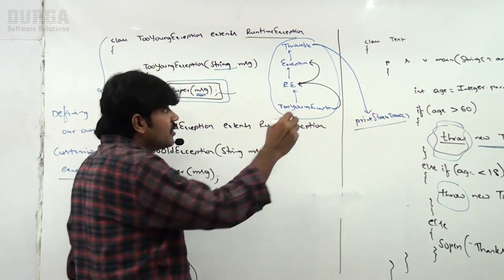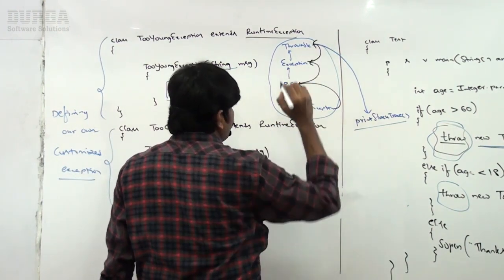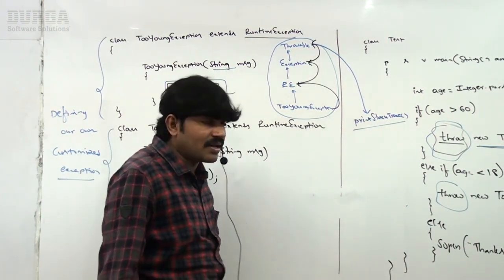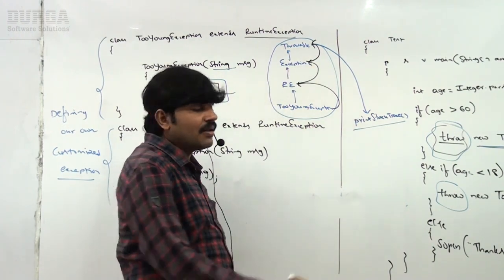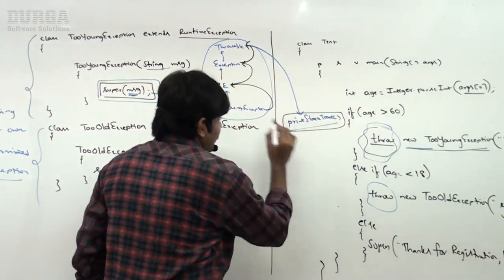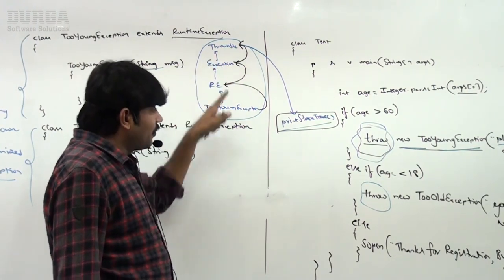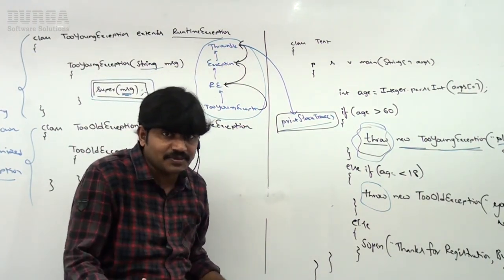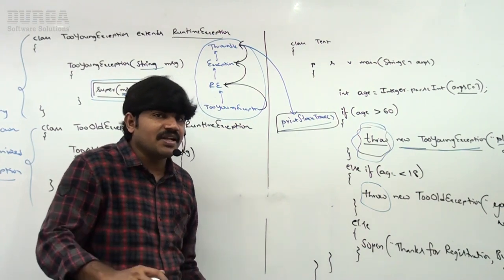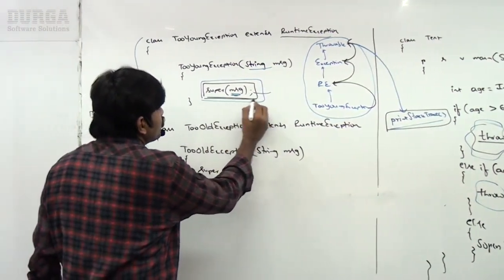Exception will pass that message to Throwable. For the Throwable class, this message is available to the printStackTrace method, which is present inside the Throwable class. How is this description available? Just because of this super.